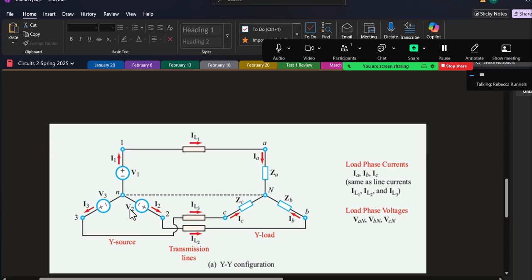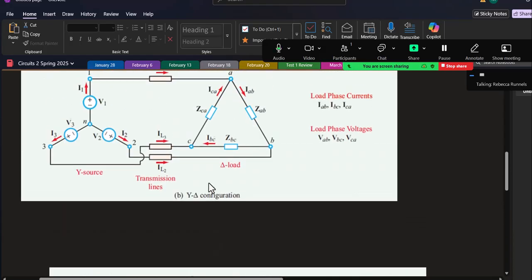Yeah, now notice that if I have Y to Y, and this is why we like Y to Y, I1 is IL1 is IA, and I2 is IL2 is IB.